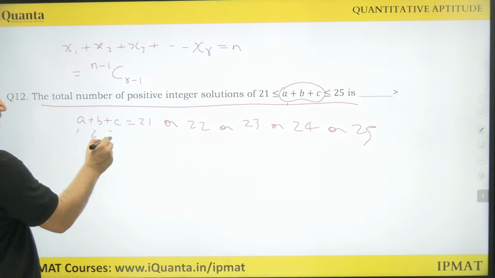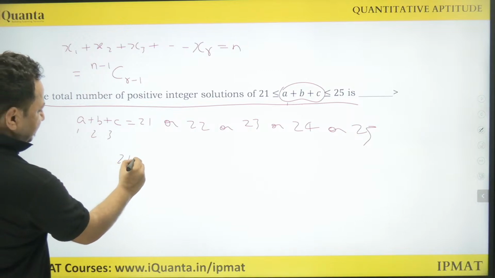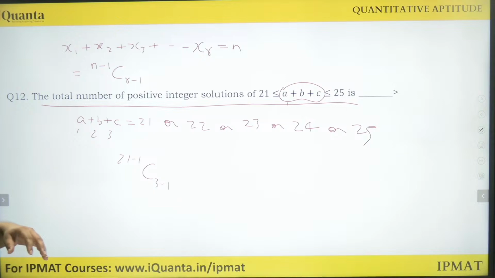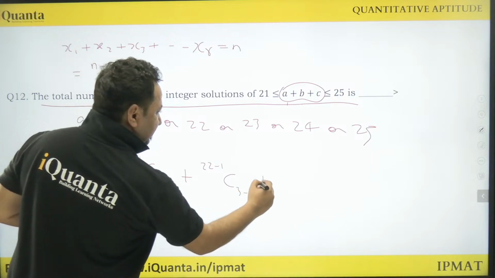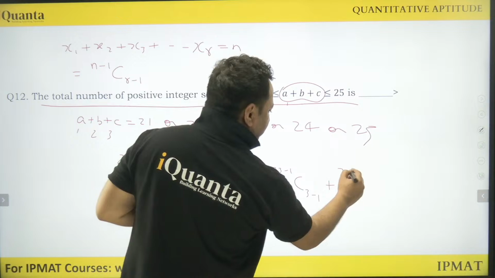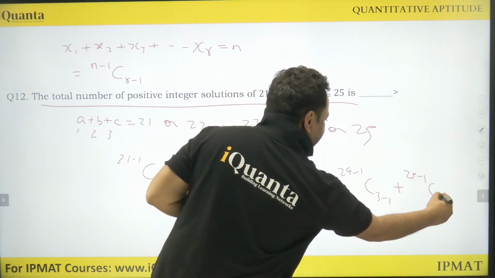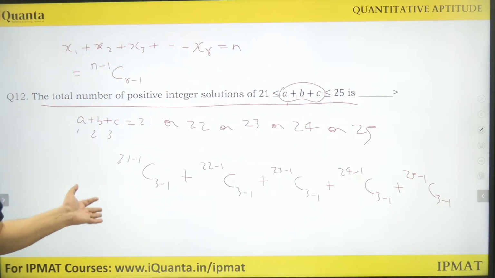So here we have 21 minus 1 C 3 minus 1, for this sum to be equal to 21. For the sum to be equal to 22, 22 minus 1 C 3 minus 1. 23 minus 1 C 3 minus 1. 24 minus 1 C 3 minus 1. 25 minus 1 C 3 minus 1. I hope you can calculate this one.